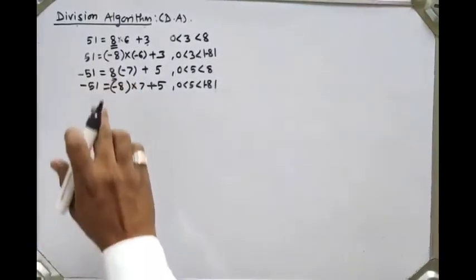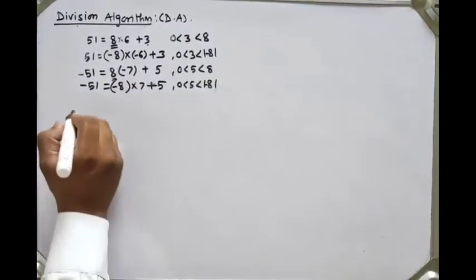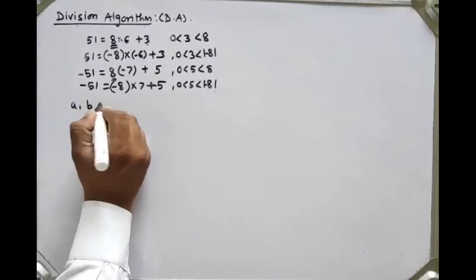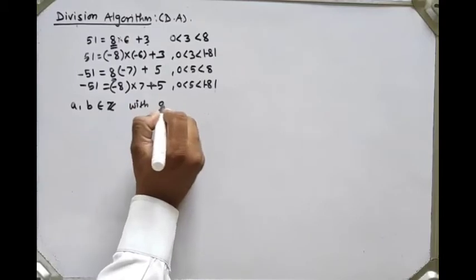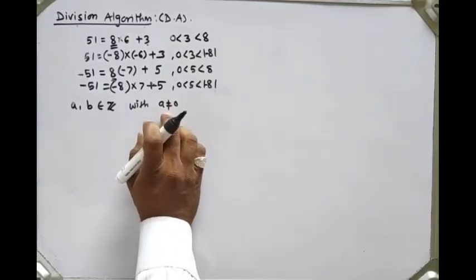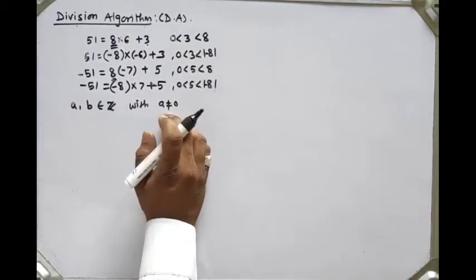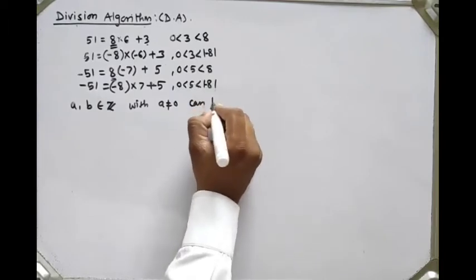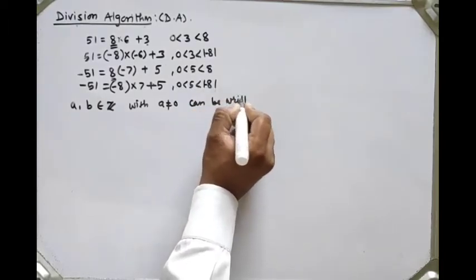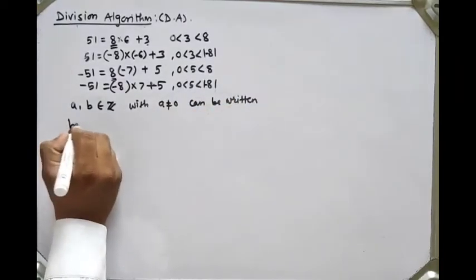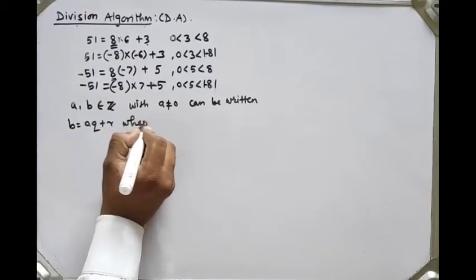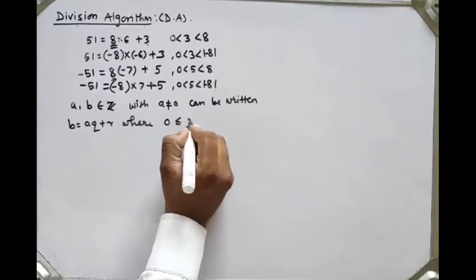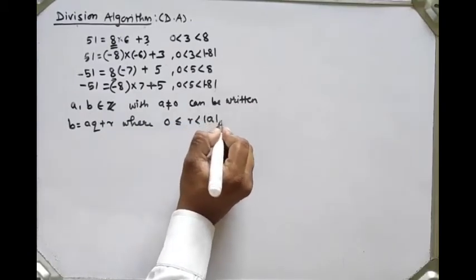So from all four conditions, we say that for a and b any integers with a non-zero, because the divisor is always non-zero, it can be written as b is equal to a into q plus r, where 0 is less than or equal to r, less than mod a.